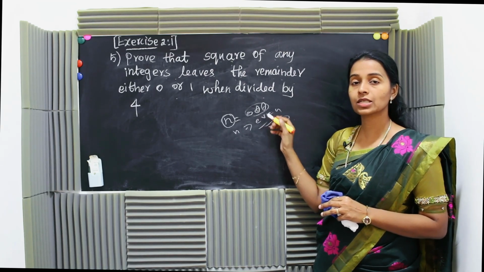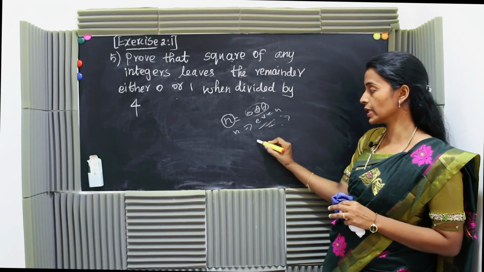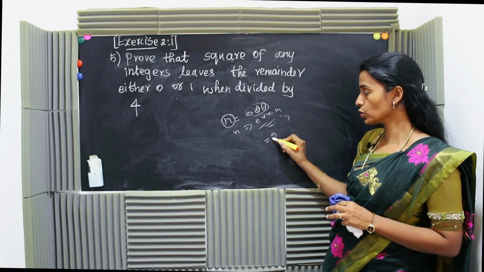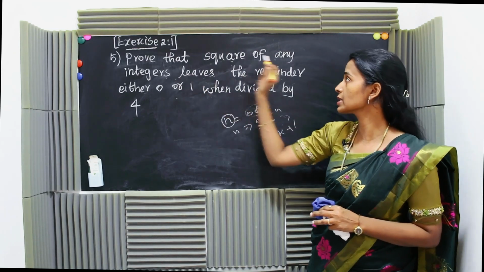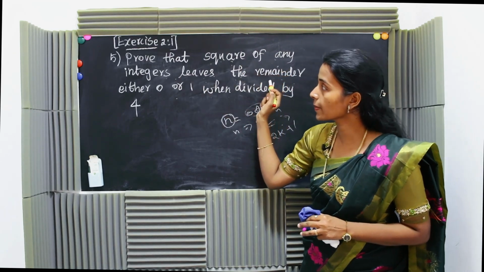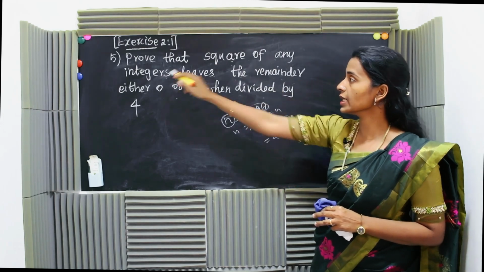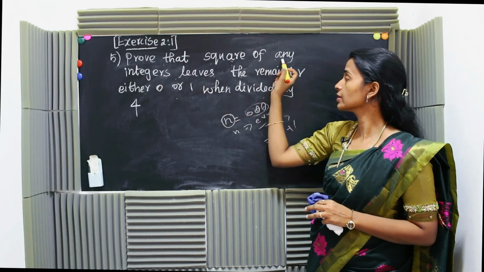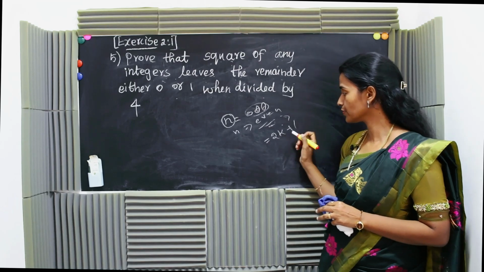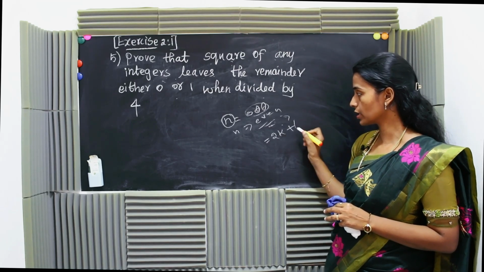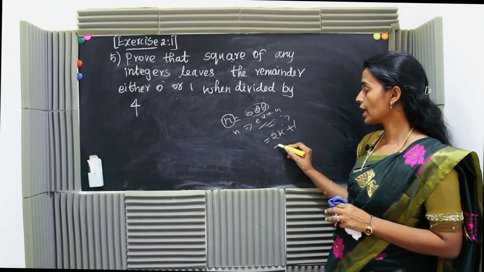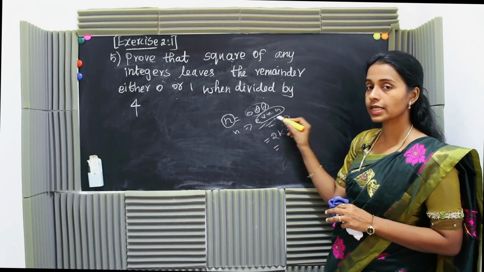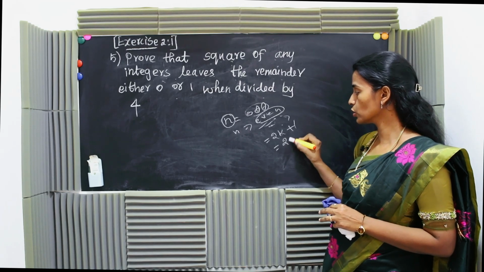For creating an odd number, the formula would be 2k plus 1, right? Here the thing is, k is any integer. So 2k plus 1 is the formula for creating odd numbers, and the formula for creating even numbers is 2k.